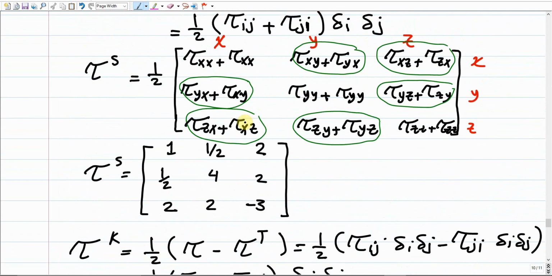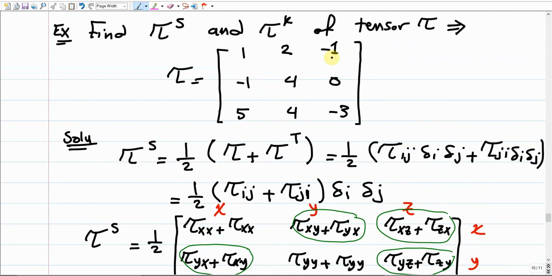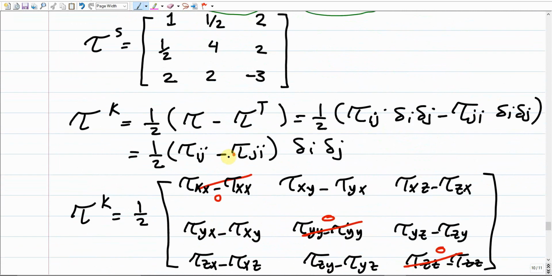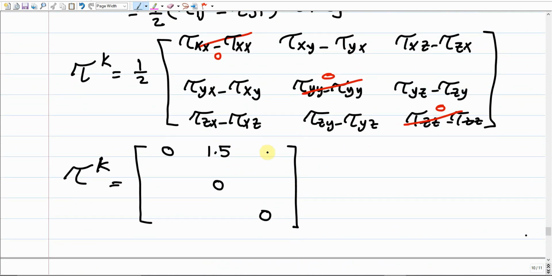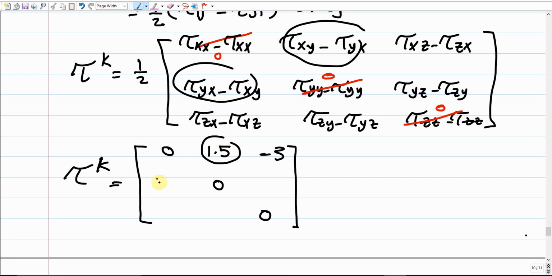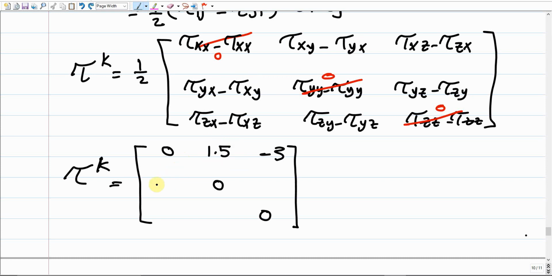Tau xz is given by negative 1, negative 5, this is going to give us negative 6, negative 6 over 2 gives negative 3. So it's going to be minus 3. Intuitively, as we mentioned, this term is the negative of this term. So since this term is already 1.5, this term should be negative 1.5 intuitively, right? So automatically, we're going to have here negative 1.5.